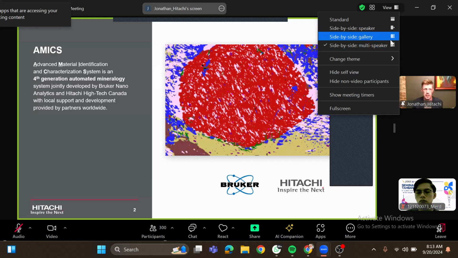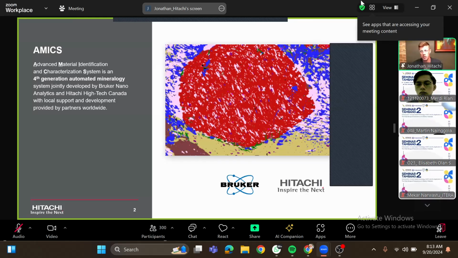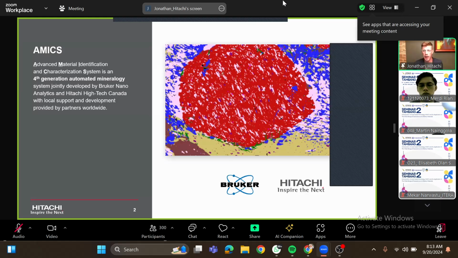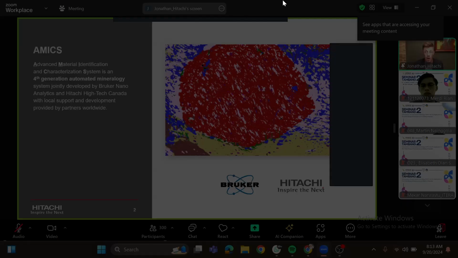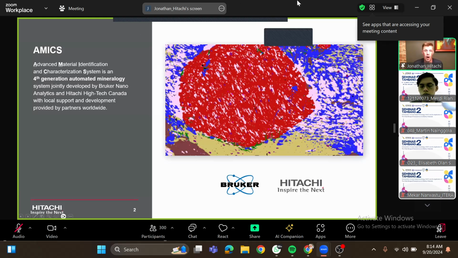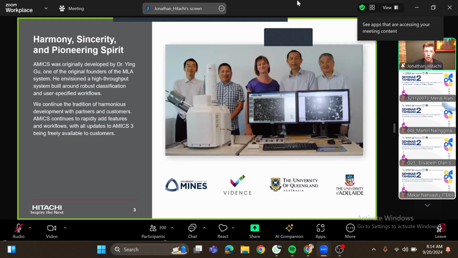It's a fourth generation automated mineralogy system, but you'll notice we're using the word materials because I want you to understand that the scanning electron microscope, when properly automated, can be used for the characterization of many different types of materials, including geologic materials, like exploration materials for mining, and materials that are used for production of new materials and smelting and metals. And we'll go through all of those.